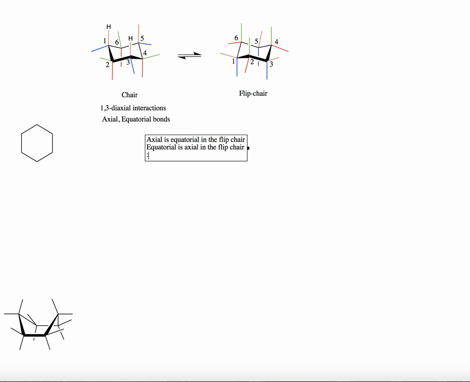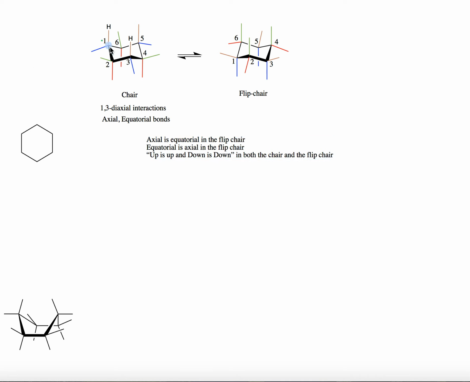And one really important thing, and this is a saying for organic chemists: up is up and down is down in both the chair and the flip chair. And I will explain what I meant by that.